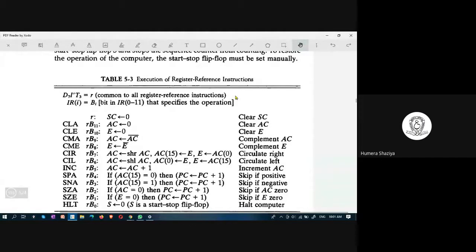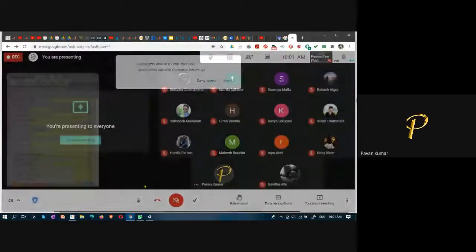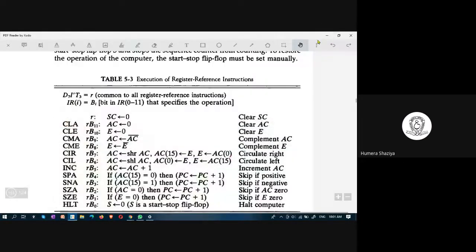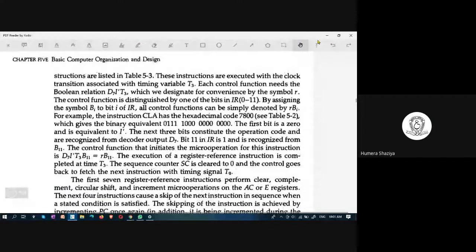So we have learnt the instruction cycle and the hardwired control unit. And then we have learnt about the phases of instruction cycle and instructions.